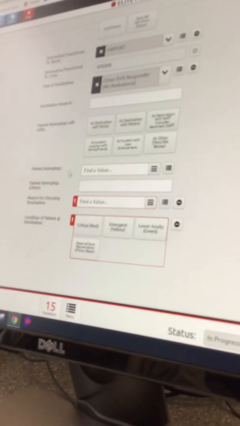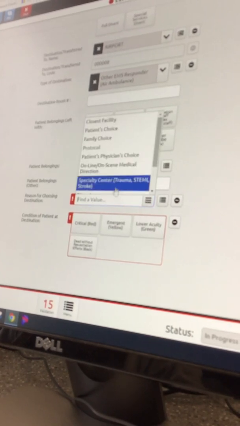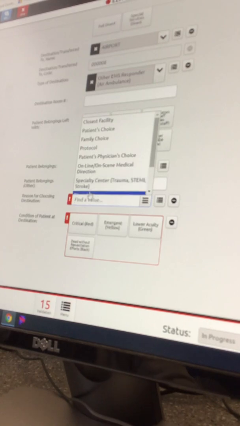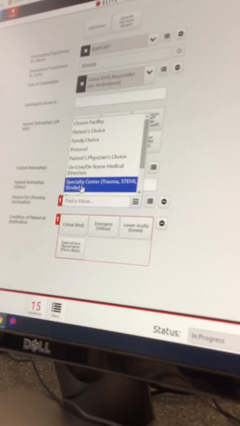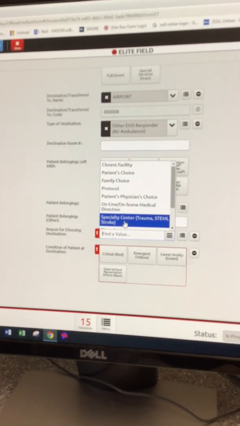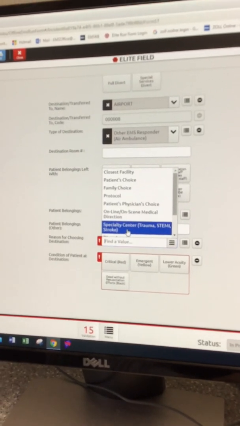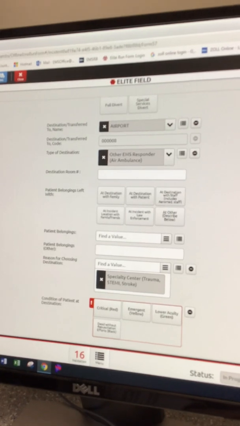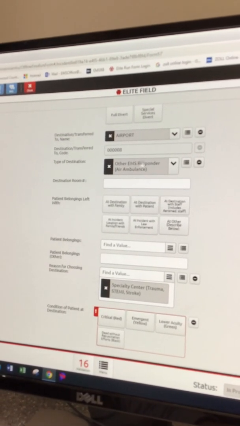And again, the reason for choosing the destination is going to still be specialty, like all of our transfers are, with ground transports, and or this patient is going to be transferred to a specialty place that can treat them. So these are just the highlights of the fields that should always have these choices.